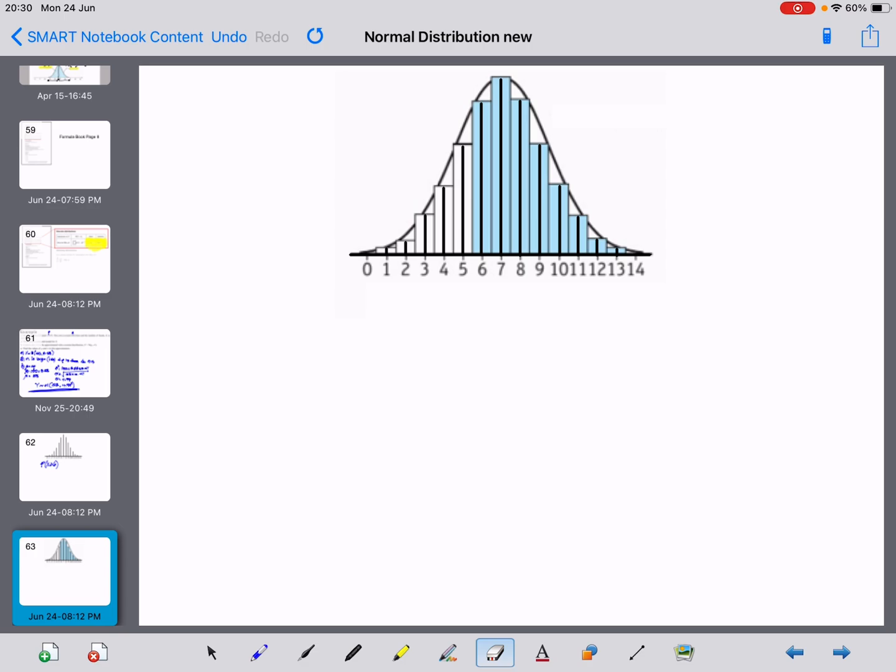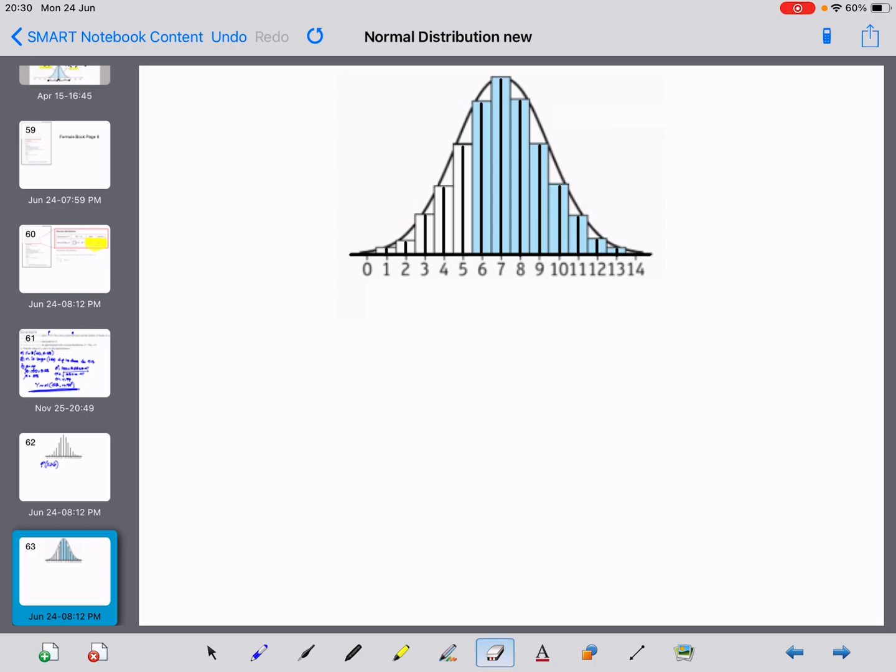So you can see now that those sticks, the black sticks, have been filled with bars. It's like the sticks have expanded until they've turned into bars, and all those gaps have been plugged.